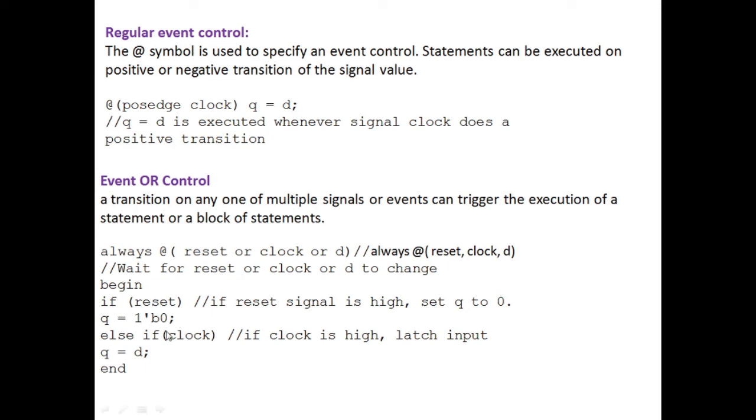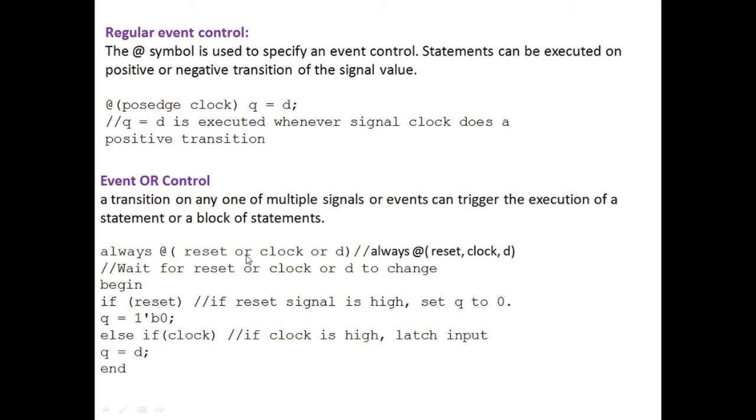Else if the clock is present and the reset is absent, for example the clock is undergoing some transition, like the clock is high, the output will receive the incoming input data. In this way event or control can be discussed.